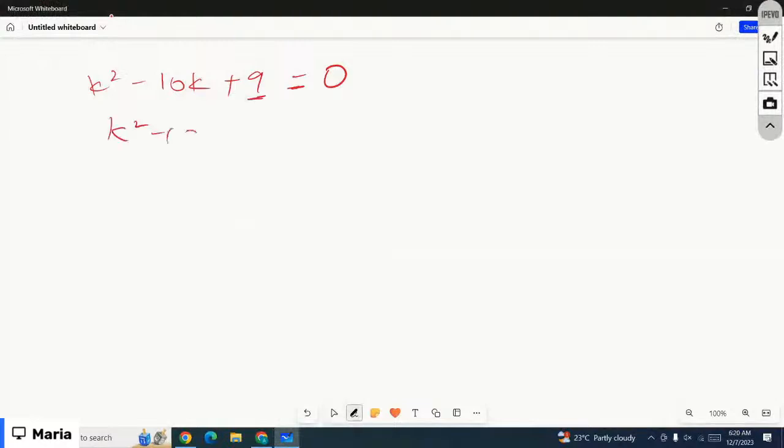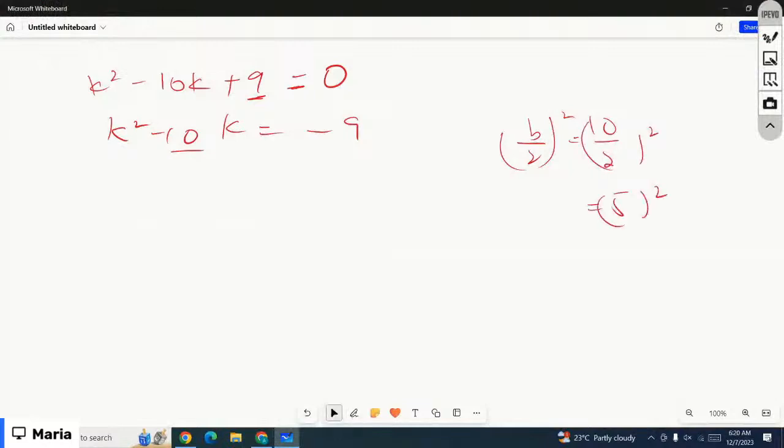K square minus 10k equals negative 9. So when we are completing square, we add b by 2 whole square. B is negative 10. So you need to add b over 2 whole square both sides. 10 over 2 is 5. That is 5 square. You need to add 5 square both sides, right?